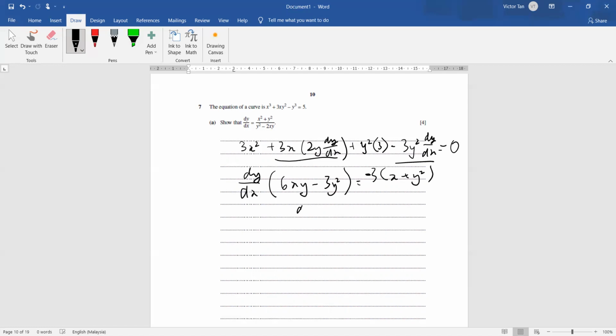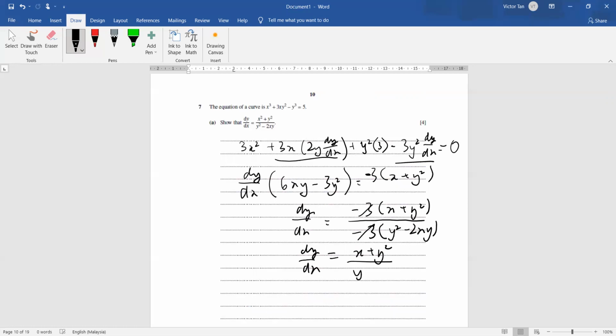Okay, dy over dx equals to minus 3 times x plus y squared. Going to factor out minus 3 also here, get y squared minus 2xy. Dy over dx equals to, cancelling this, you have your answer.